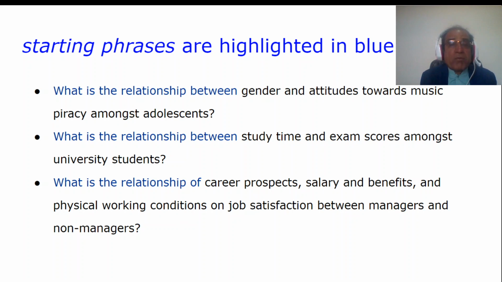What is the relationship of career prospects, salary and benefit and physical working condition on job satisfaction between manager and non-manager? So in all these examples, "what is the relationship between" and "what is the relationship of" are the starting phrases that we most of the time use in the relationship question.